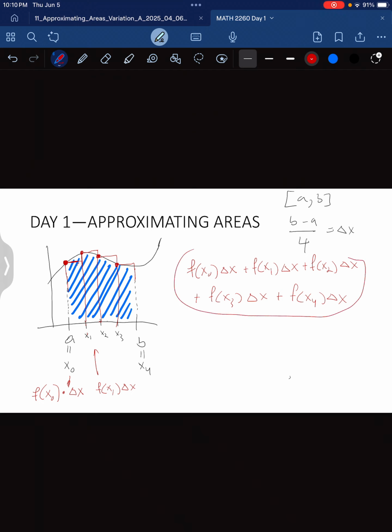So this big sum is our area approximation. And I'm going to call this a left area approximation.